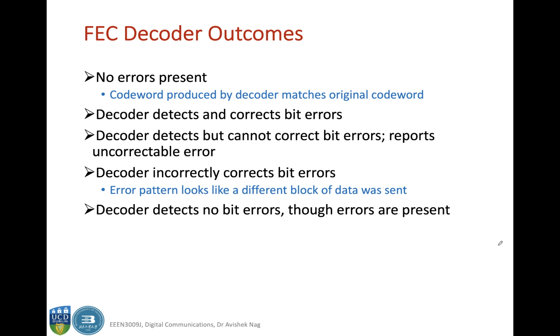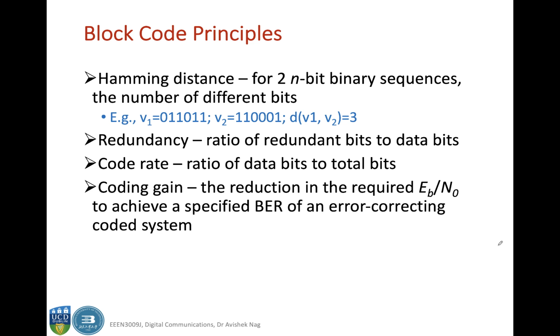It can also sometimes incorrectly correct bit errors. Okay, so in that case the error pattern looks like a different block of data sent. Okay, so that can also be possible. And finally the decoder detects no bit errors. This is also possible though errors are present. Okay, so these are the different outcomes of the FEC decoder.